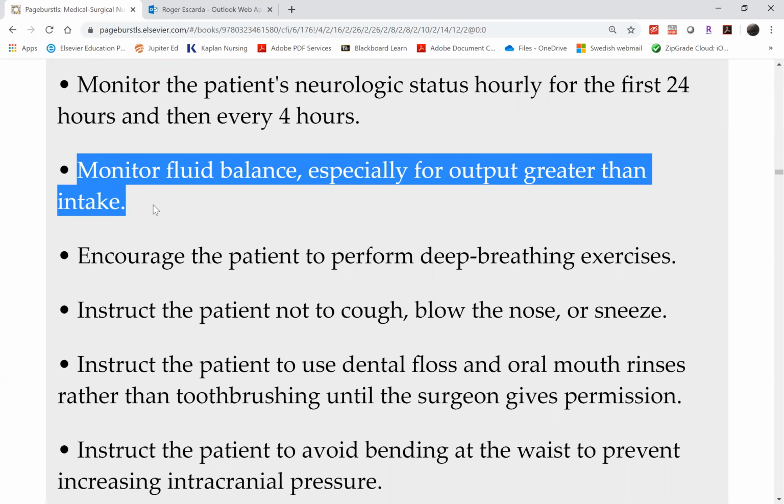Output greater than intake. Urine output is greater than fluid intake. So what is the patient developing?